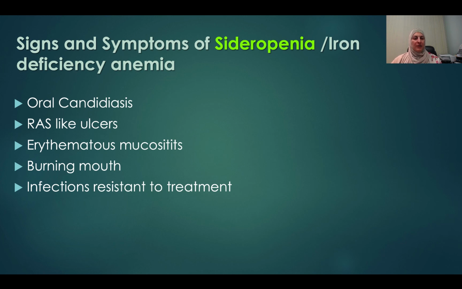Other signs and symptoms include presence of certain infections like oral candidiasis, because candida loves abnormal mucosa, loves atrophic mucosa, so they tend to grow at areas of atrophic mucosa. Patients will have RAS-like ulcers, erythematous mucositis, and burning mouth. All of these are related to the thinning of the mucosa, related to the decreased amount of oxygen that can be provided by the blood supply.